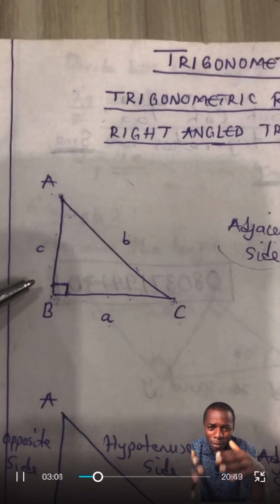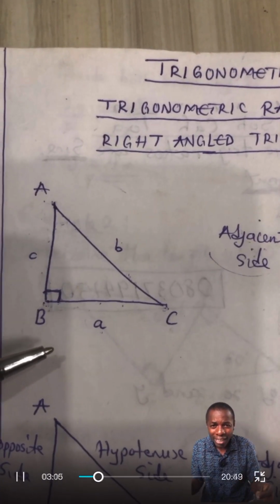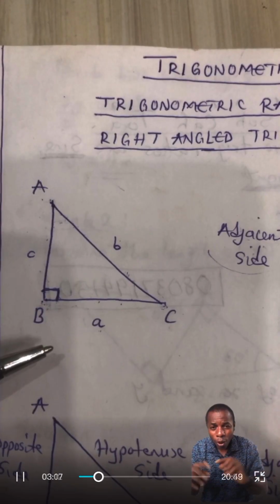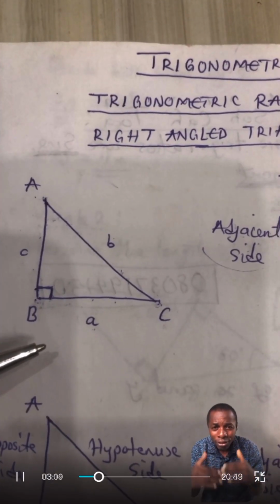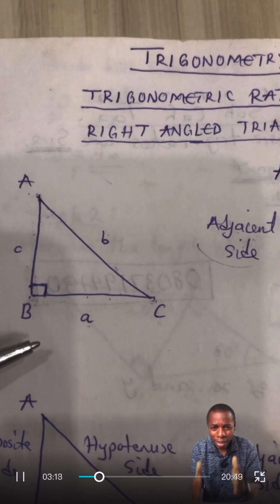Then the next thing is to talk about the sides of the right angle triangle and the angles. Of course, all triangles have 3 sides and 3 angles. Now let's talk about the side.